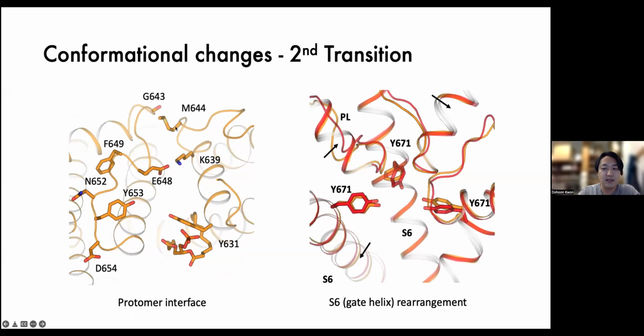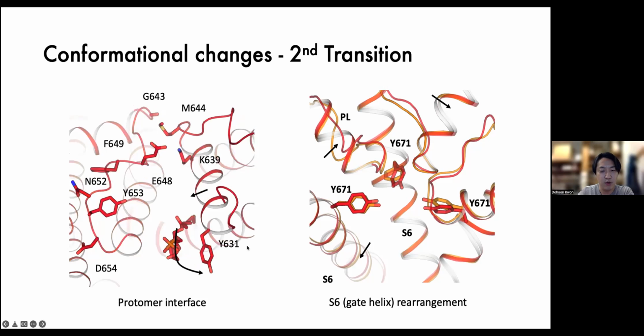This is the interface between the neighboring subunits. This is the original subunit and the neighboring subunit. Interestingly, we observed the rearrangement of the phospholipid bound at the subunit interface. This is the intermediate state. You can see that Y631 is flipped, and this lipid is going to the interface.